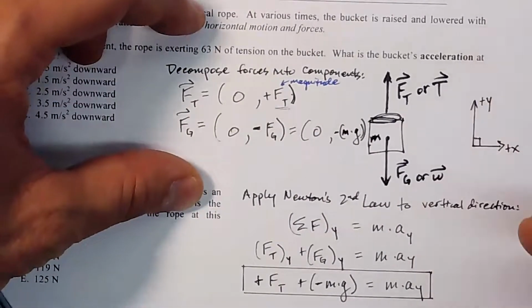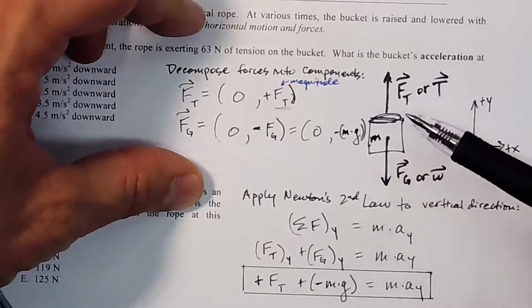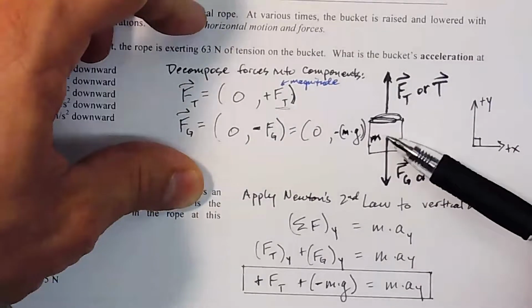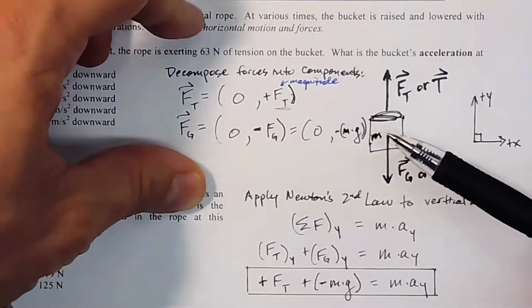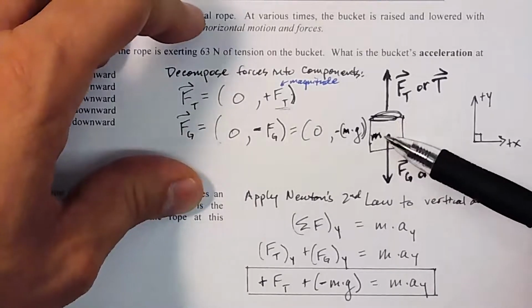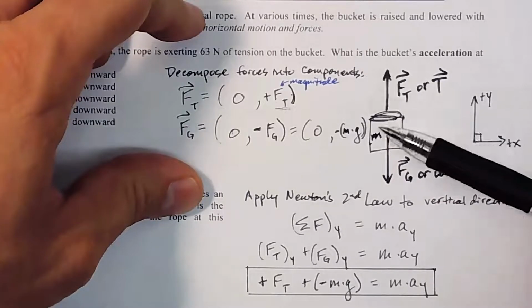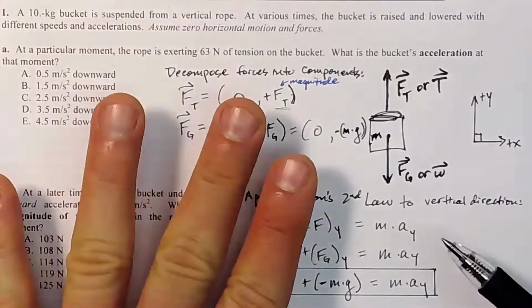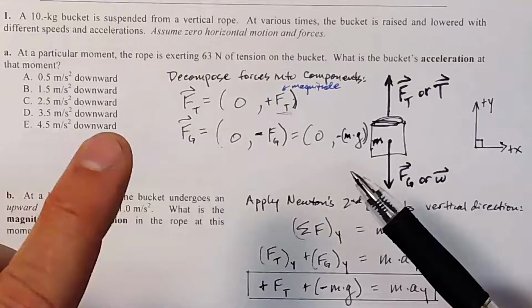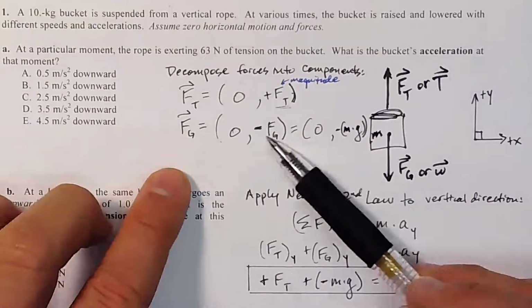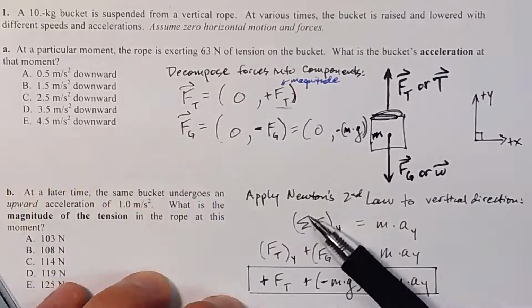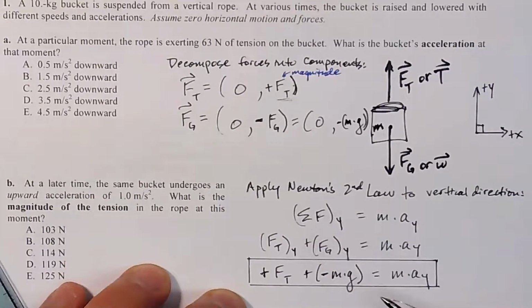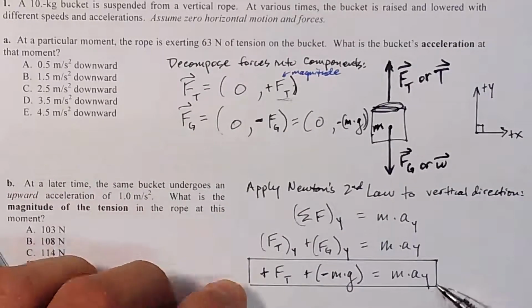Okay, so if we were to introduce a new force, like air drag or friction or another tension of another rope pulling on the bucket, maybe upward, like tension 2 upward or tension 2 downward, then the free body diagram has changed. We would add another force to our list of forces, and Newton's second law would have a new force on the left side. So all of a sudden the equation would be different.